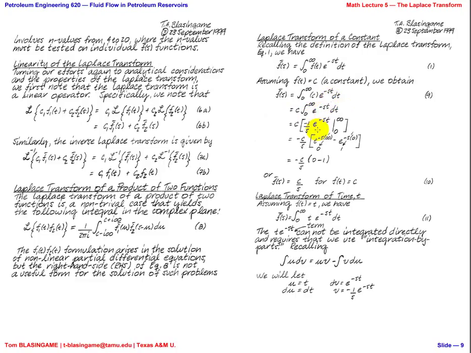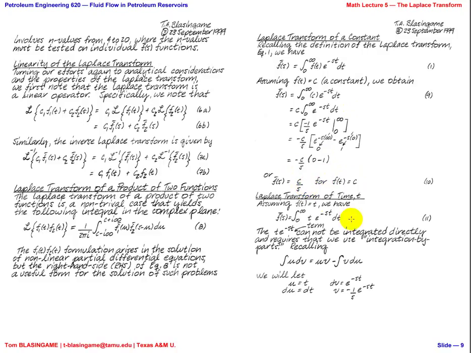You perform the integral, which is minus the exponential function over s, evaluated from 0 to infinity. All this goes to 1, and then you deduce that the Laplace transform of any constant is that constant divided by the Laplace variable s, okay?